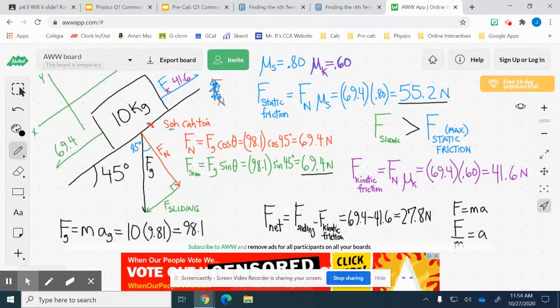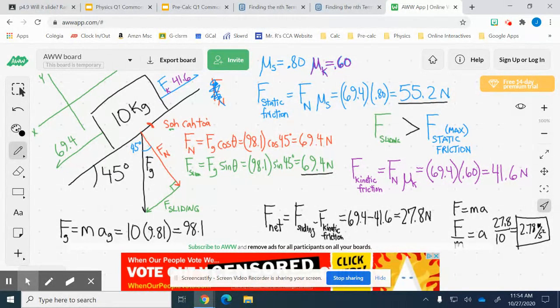And once we say that, we can say the force, 27.8, divided by the mass, 10, will give us an acceleration of, there should be like a drum roll, 2.78 meters per second squared. And we'll put that in a box, because that's what we do with our answers.